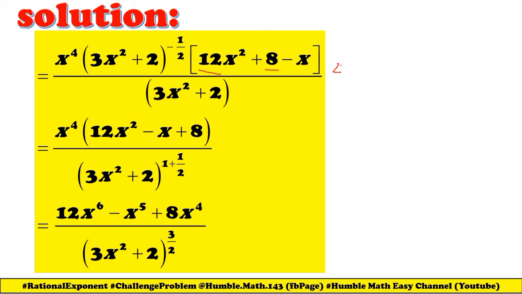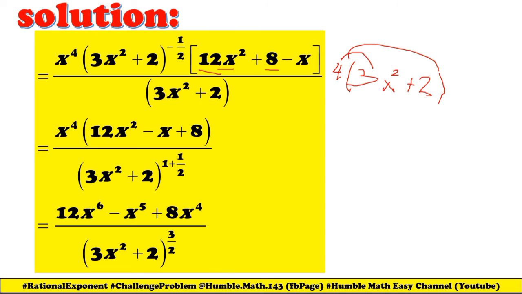Specifically, we have given previously 4 times 3x squared plus 2. Now 4 times 3x squared is 12x squared. 4 times 2 is 8. So that is why it became 12x squared plus 8 minus x.